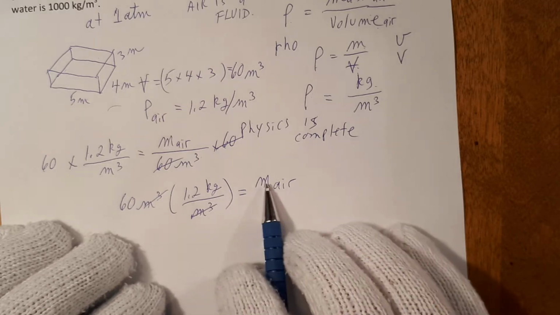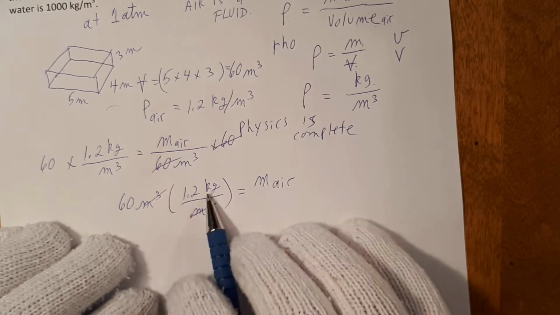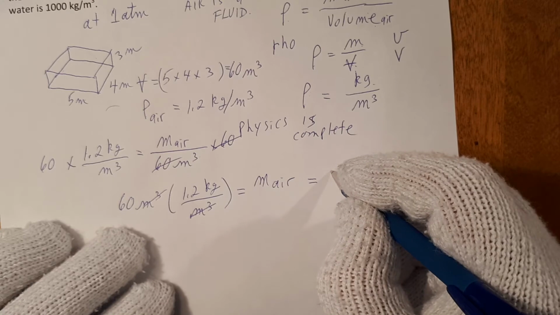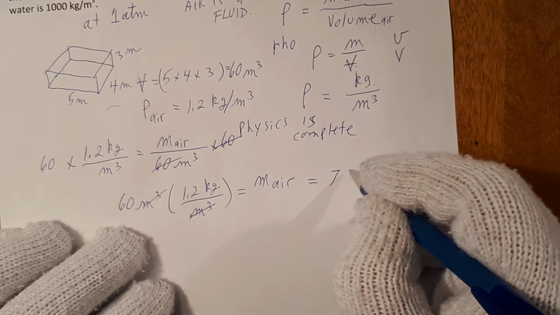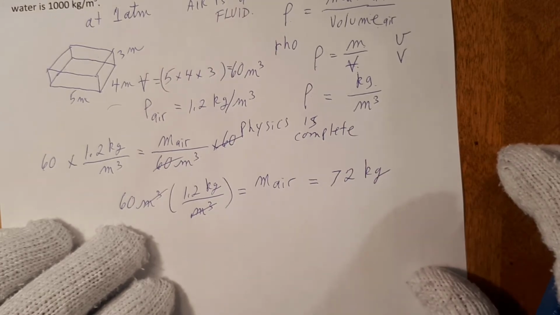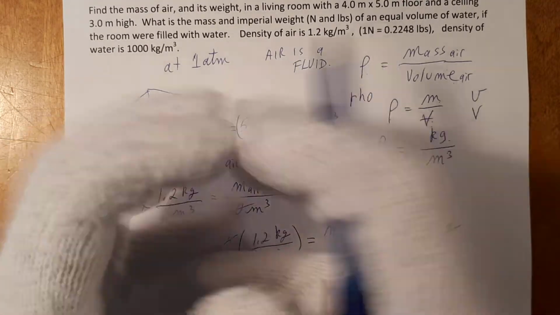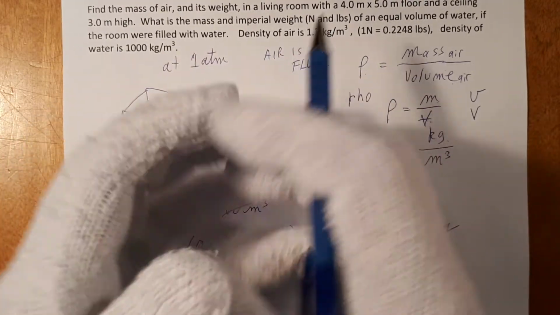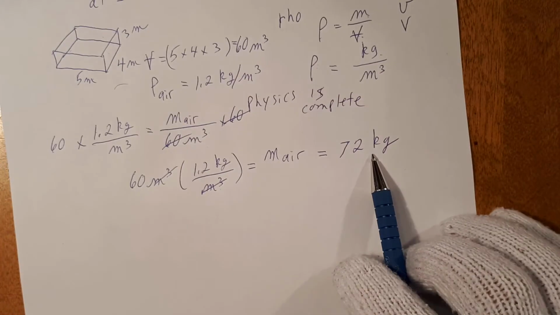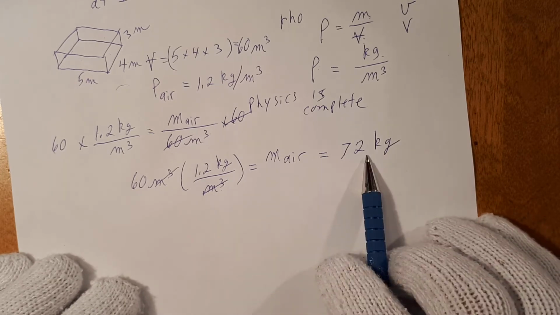And that's a good thing because mass has the units of kilograms. Putting this in the calculator, the answer is 72 kilograms. So if I were to take the air in this room, bundle it all up together into a nice little ball, put it on a scale, it will weigh 72 kilograms. But still, 72 kilograms is in fact the mass.